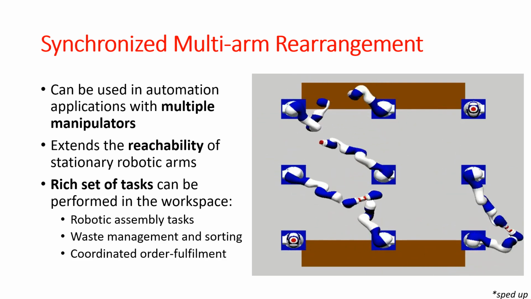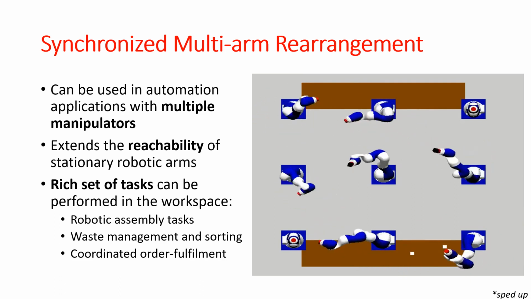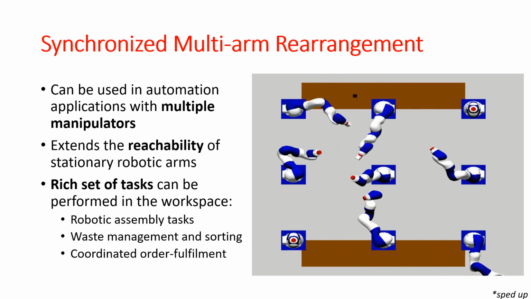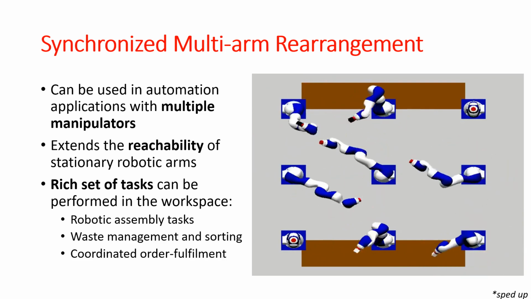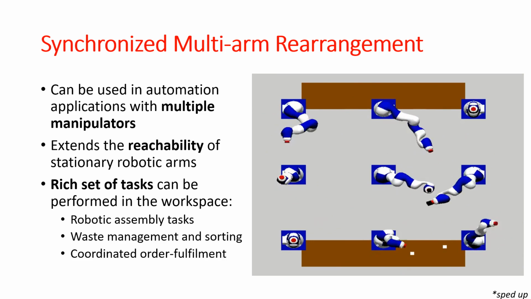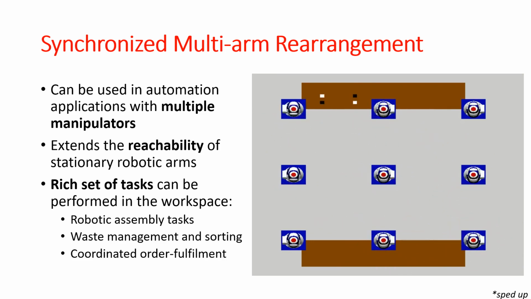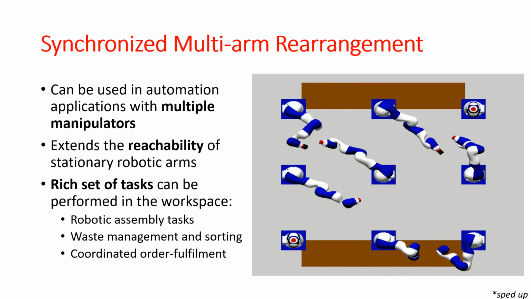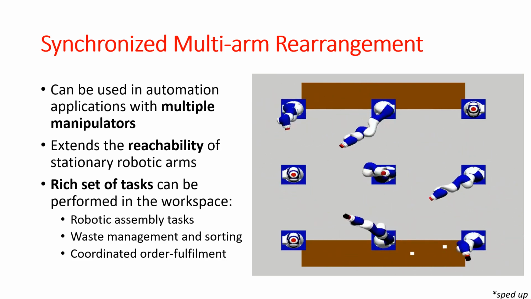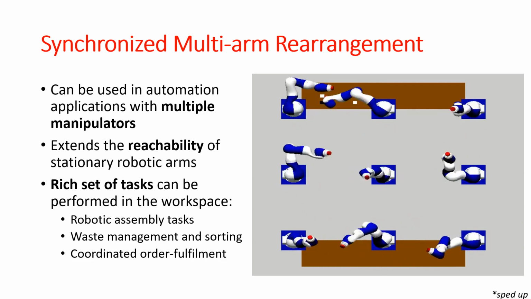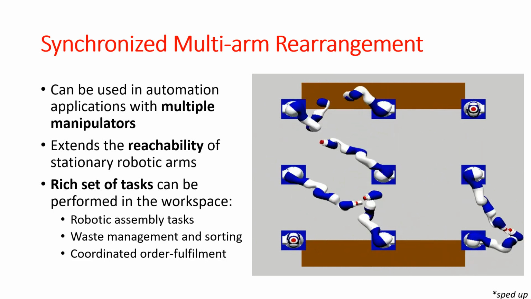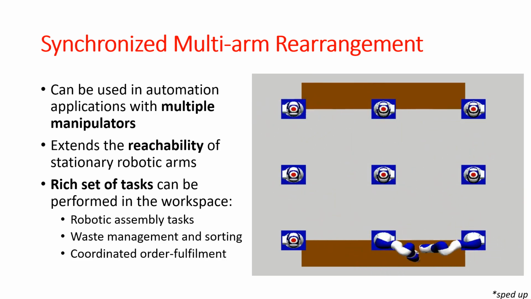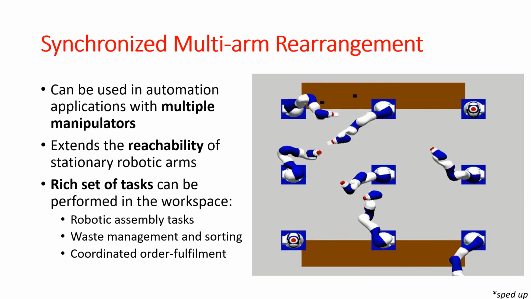Because to find efficient solutions, you have to reason, just in terms of the robotic degrees of freedom, about 63 dimensions. And on top of that, you have to reason about all the possible choices of actions you have, which again blows up the search space. So addressing this kind of problem gives us an opportunity of applying efficient techniques for interesting robotic coordinated task planning.